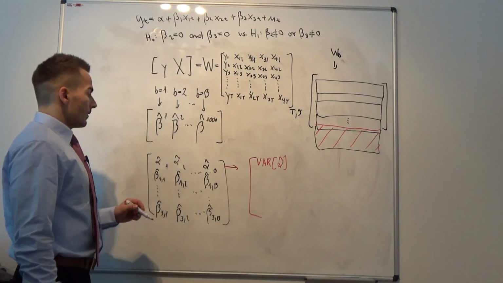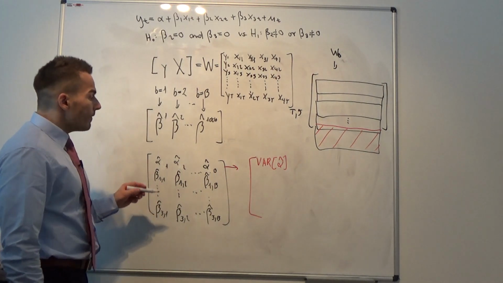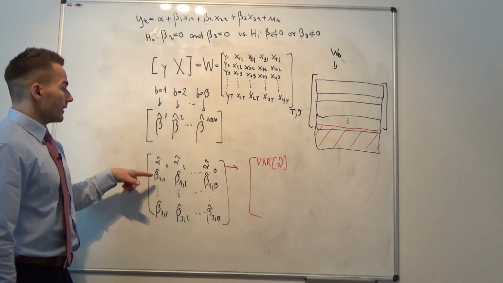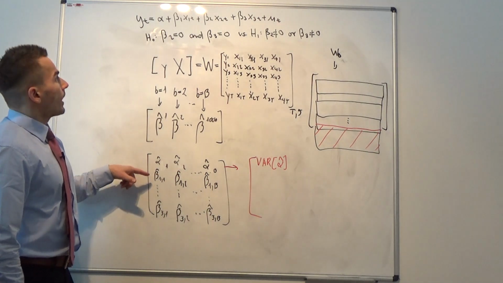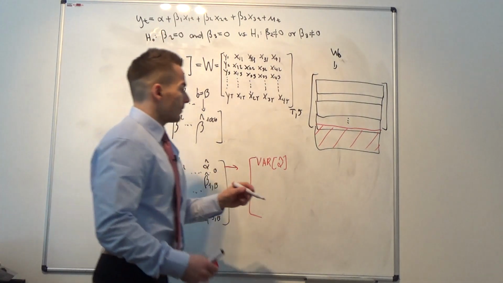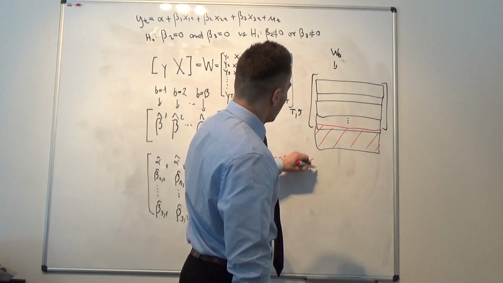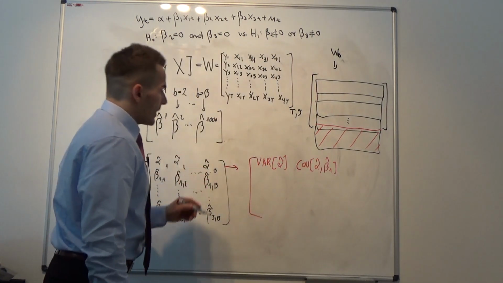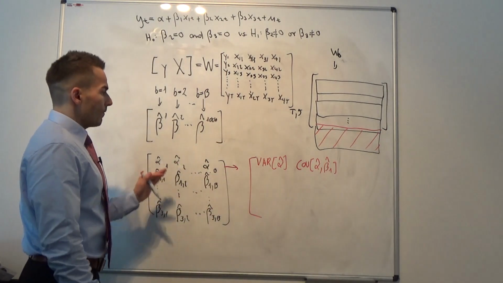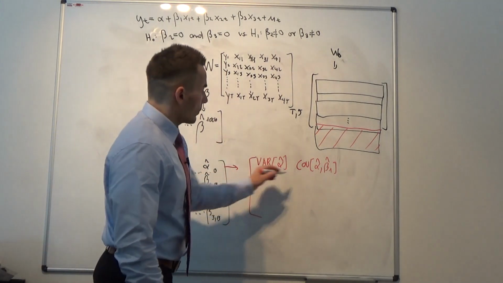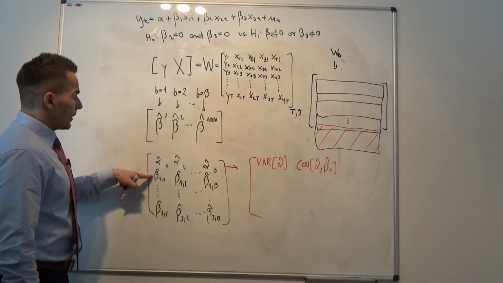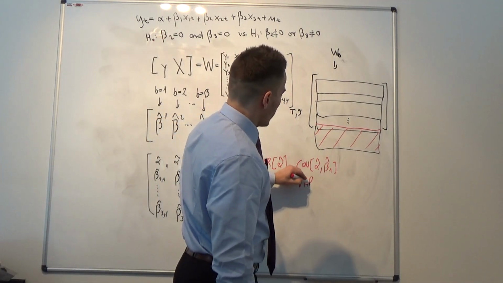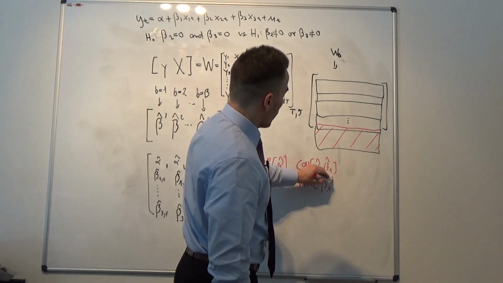In the same manner, we can take the covariance between the first row and the second row, and it gives us the covariance between alpha hat and beta hat 1. In the same manner, we can also estimate all of the other elements in our covariance matrix. Obviously, the second element on the main diagonal would be the variance of our beta hat 1, and so on and so forth.